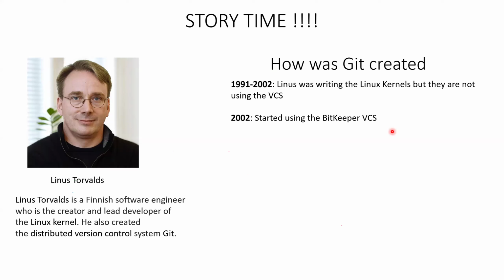They reached out to a company called Bitkeeper, which said, hey, we have a version control system, you can use it. So in early 2002, Linus Torvalds and the Linux folks started using Bitkeeper for version control.